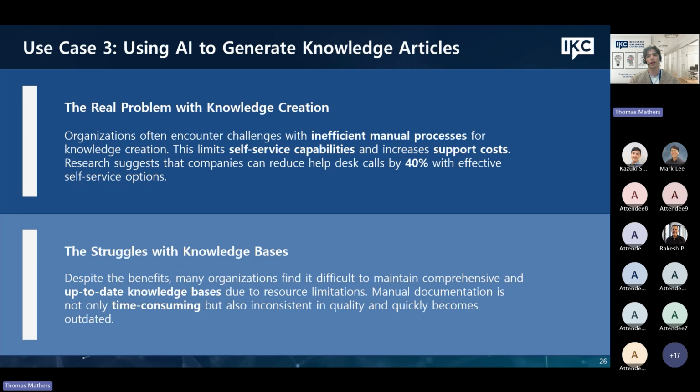And a lack of knowledge articles hinders the ability of self-service and knowledge sharing capabilities on the platform. If there are no knowledge articles in the system, then if someone with the knowledge leaves the company, the knowledge goes with them.